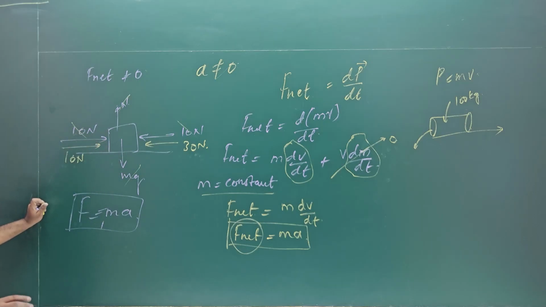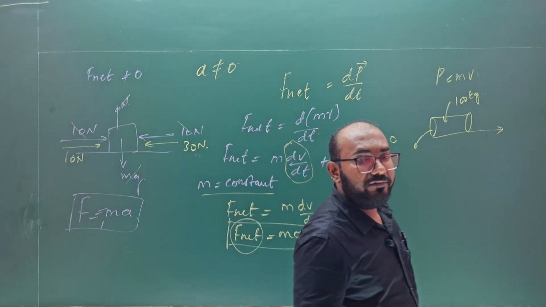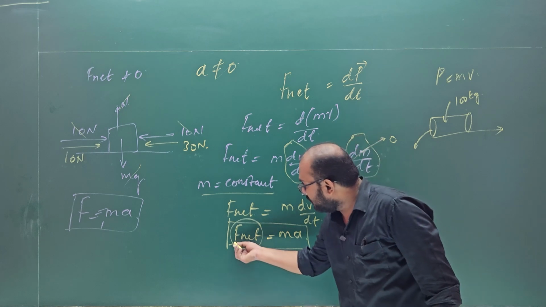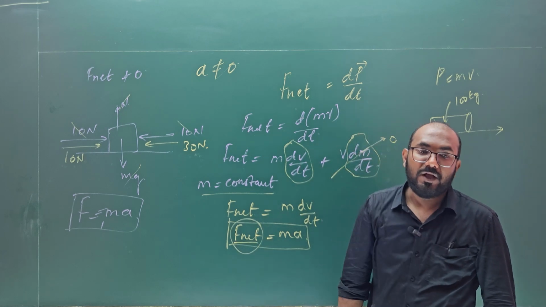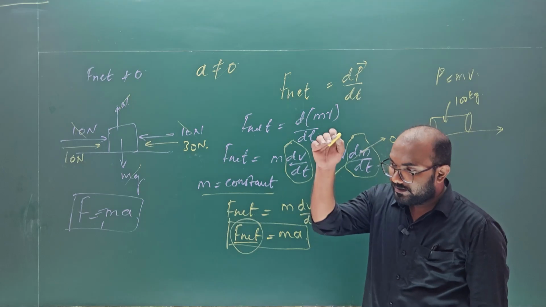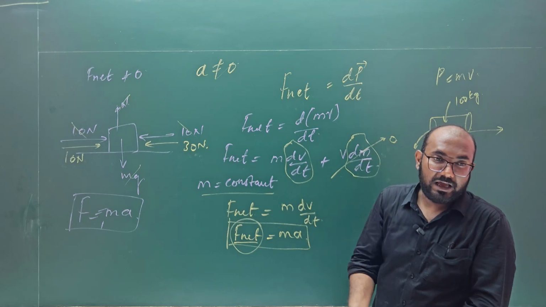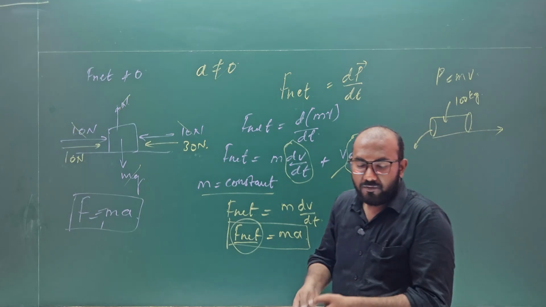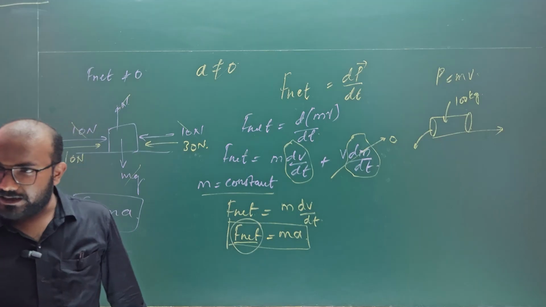So what I want to say is, whenever we are writing the force, it is not only that force. You should be writing F net. How many forces are acting along the x-axis if the body is moving in the x-axis, and how many forces are acting on the y-axis if the body is moving along the y-axis. Will you remember these things?